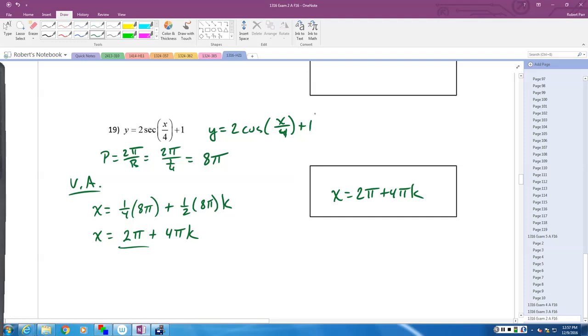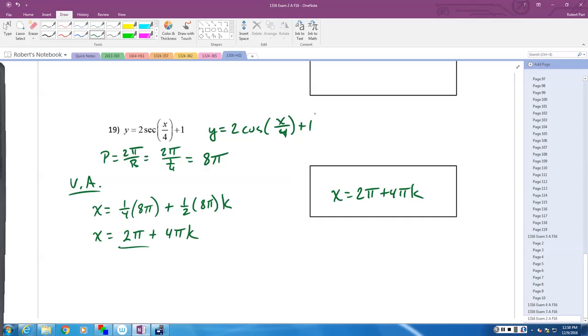And that's kind of like the hardest type of problem, I guess I could ask in terms of finding the vertical asymptotes, because for cosecant, you don't have to worry about the phase shift. Right? Well, you do worry about the phase shift, but you don't have to go 1/4 of the period to find the first one. You just do the phase shift. That's it, and then plus half the period, because sine starts on the midline.